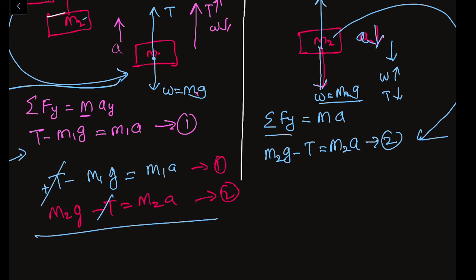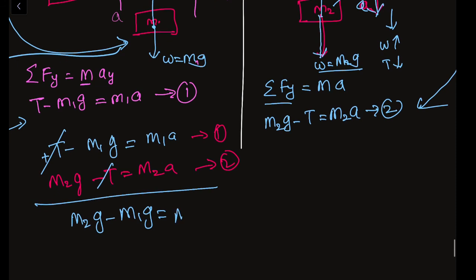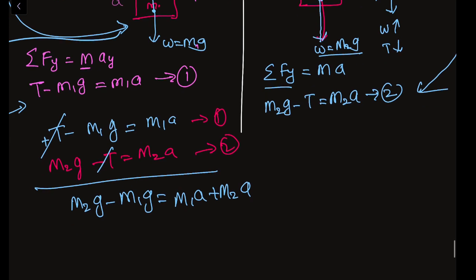So m2g minus m1g is equal to m1a plus m2a. Here a is common. (m2 minus m1) into g is equal to (m1 plus m2) into a.